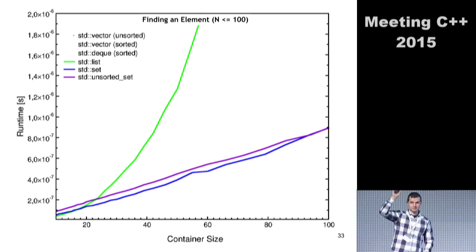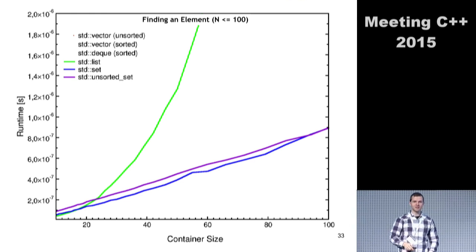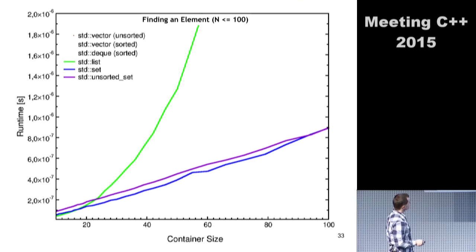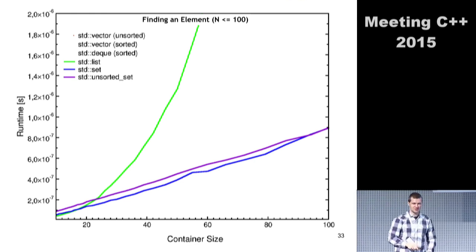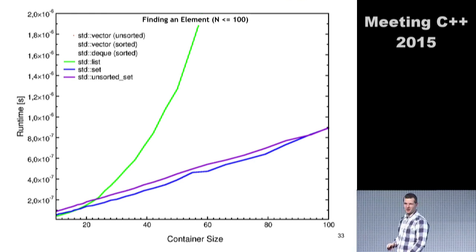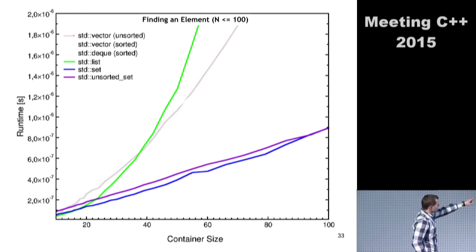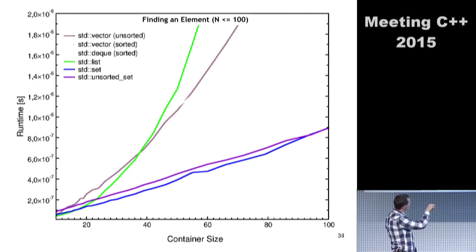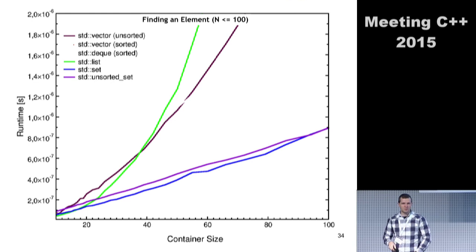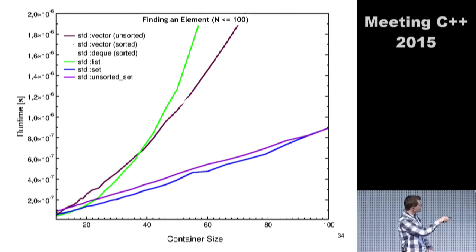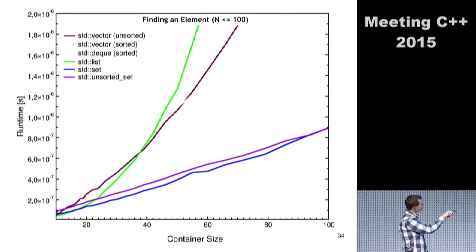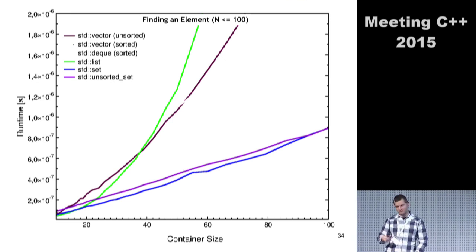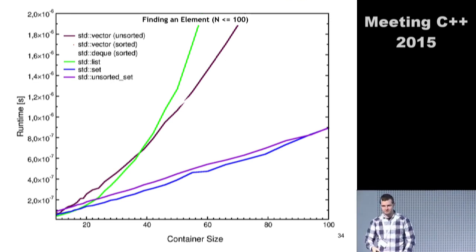No. Okay, much more yes. So about 2/3 yes, 1/3 no. The unsorted vector, no, not a good idea. So this is not too nice to see. If you have a very, very small number of elements, it's actually not so bad. But as soon as you have something, let's say 10 elements, it starts to grow. Yeah, it's just not a good idea.